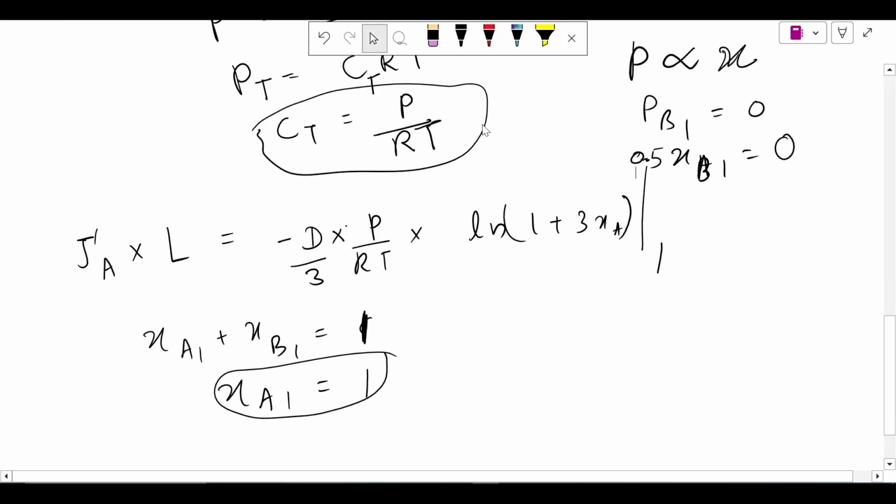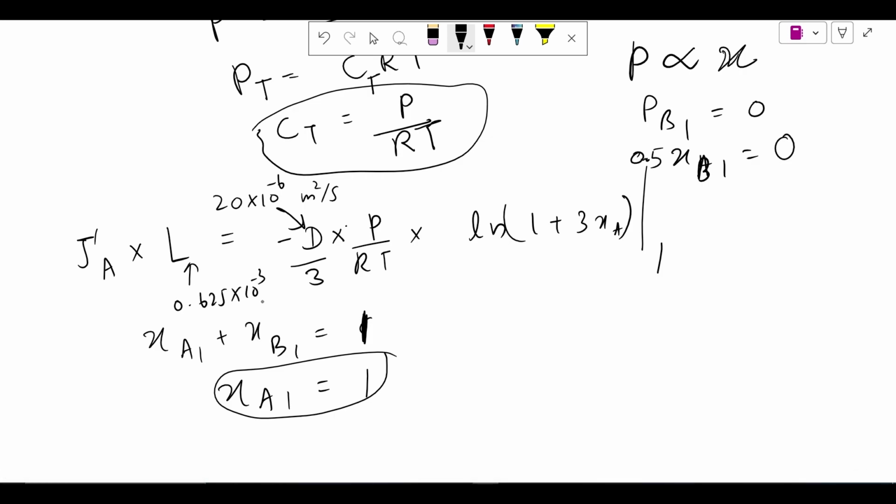And we can substitute for D. This is 20 times. We need to convert them into SI units, right? L is 0.625 centimeters, and R is 8.315, T is 323 Kelvin.